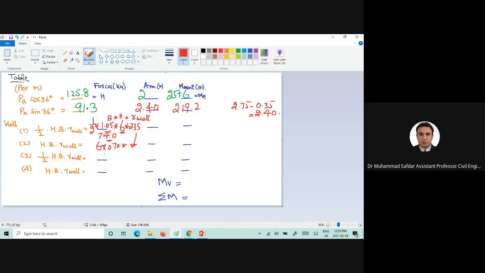So 98.7. Okay, that's right. Now, how about the lever arm? First, we will calculate the forces and then we will go for the lever arm. Now, give me the value for the third portion of the gravity retaining wall.